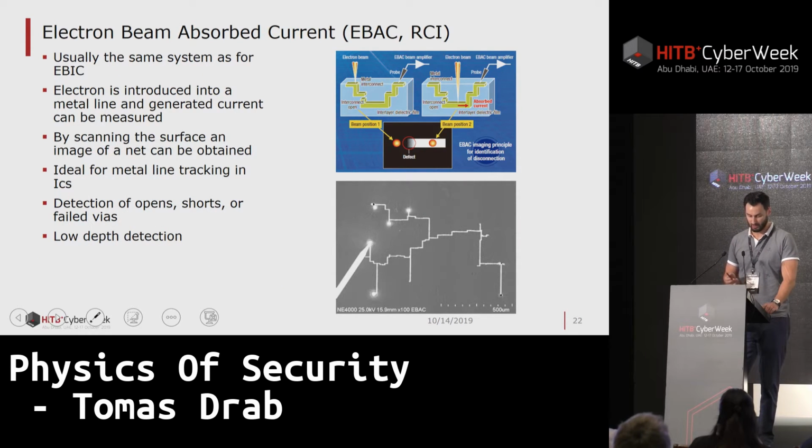And using a similar technique, you can trace wires in a chip. When the electron hits the trace, it travels to the probe, and the probe measures the current, and according to that you can see basically the whole net.